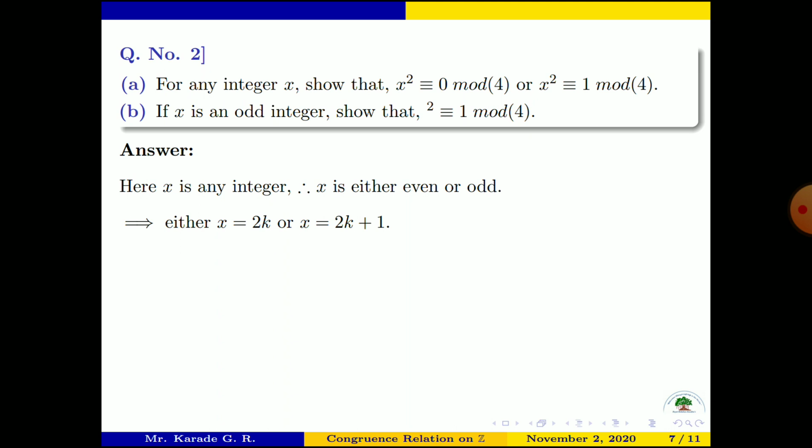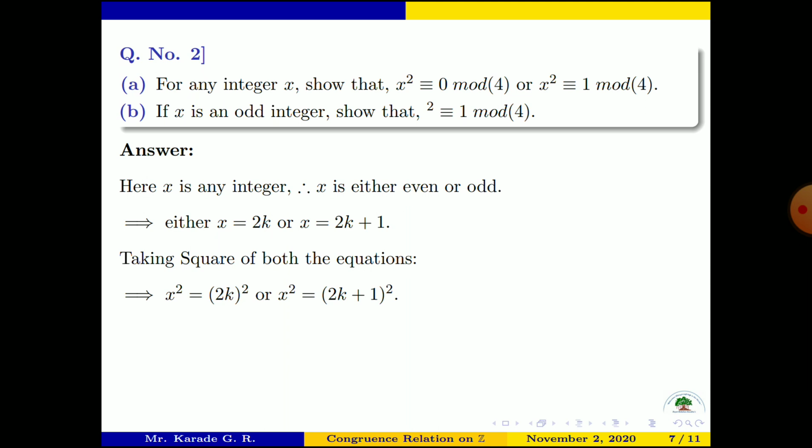Now we take the square of both the equations. Taking the square, we get x square is equal to 2k square, or x square is equal to 2k plus 1 square. Now x square is equal to 4k square, or x square is equal to 4k square plus 4k plus 1.